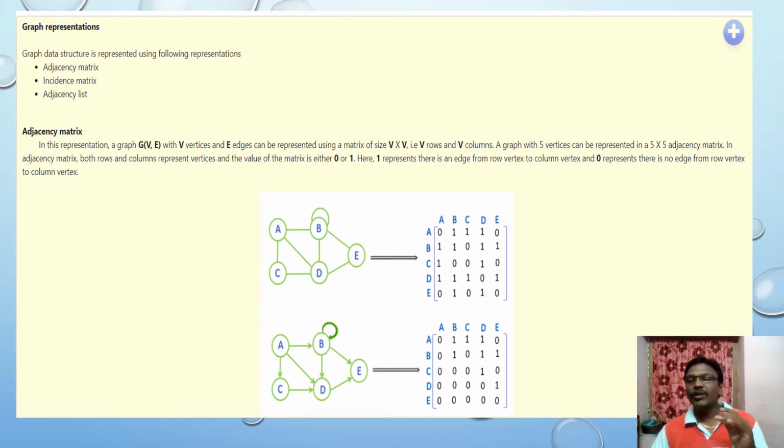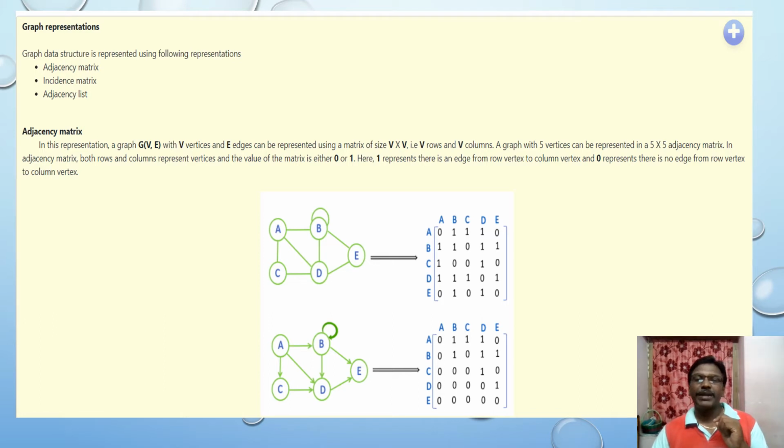It means no edge from A to A, so it is 0. A to B is connected, that is 1. In the same way A to C is connected, so 1. A to D is an edge, so that is also 1. A to E is not connected, so that is 0. That is the first row.